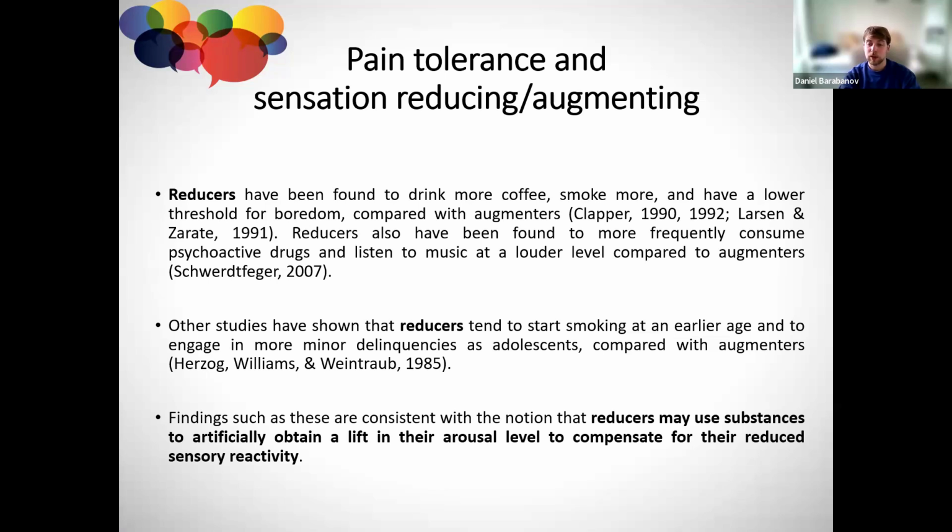So reducers might use substances to lift their arousal level to compensate for their reduced sensory activity. Maybe this is the reason: to feel the same amount of sensations and intensity as augmenters, they need to get some sort of doping for that.